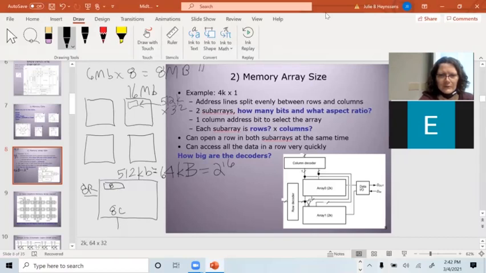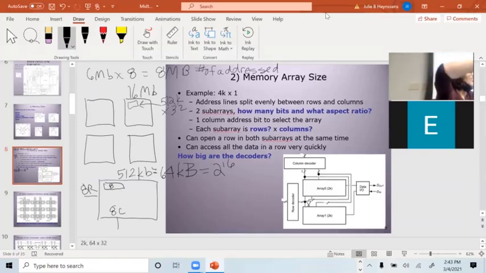This is the actual number of addresses. 8 megabytes is 23 address lines, because I don't need an address line for every bit in the array. I need an address line for every byte in the array, because every time I address one location, I'm going to get 8 bits out at the same time.